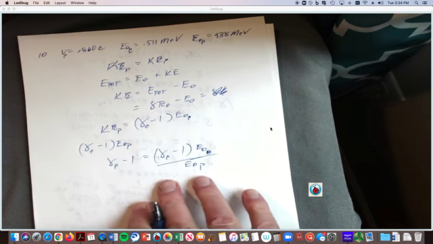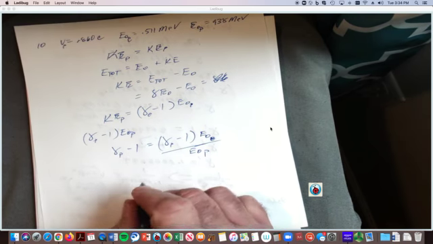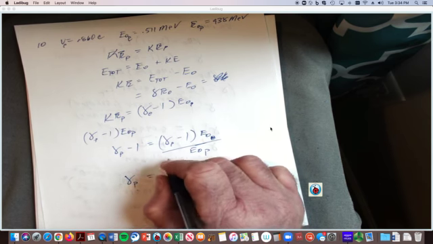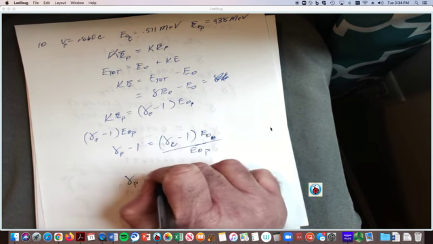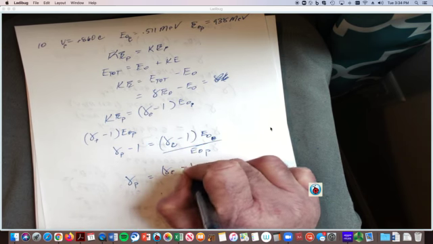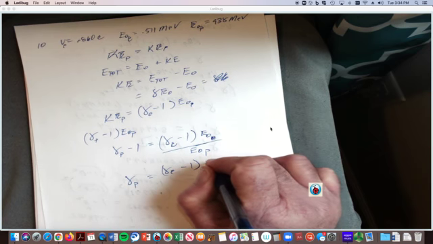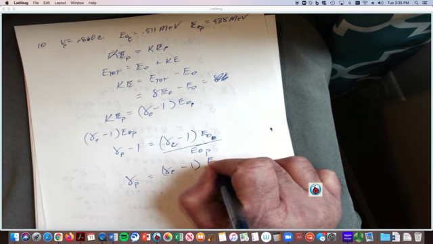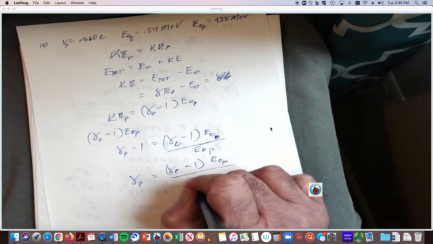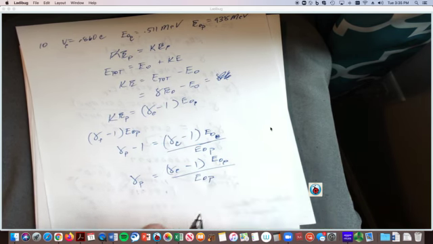So gamma p is equal to gamma e of the electron, which you can just get the number, minus 1, over E naught of the electron, which we have a number, over E naught of the proton, which we have a number.